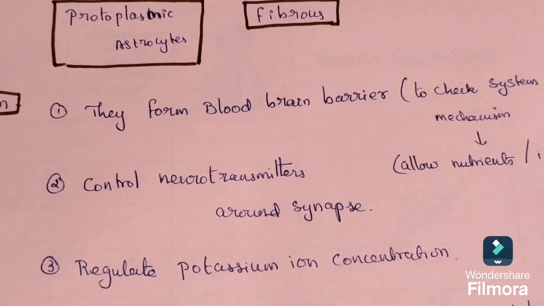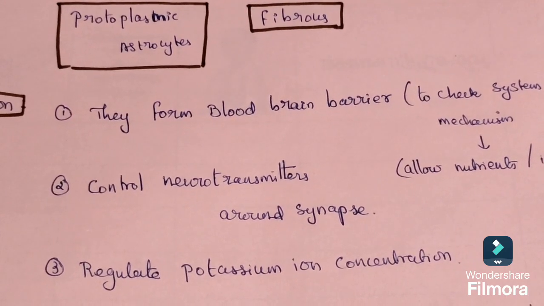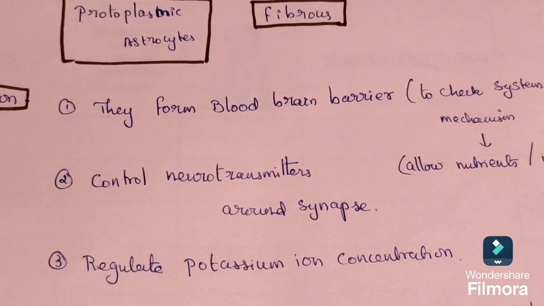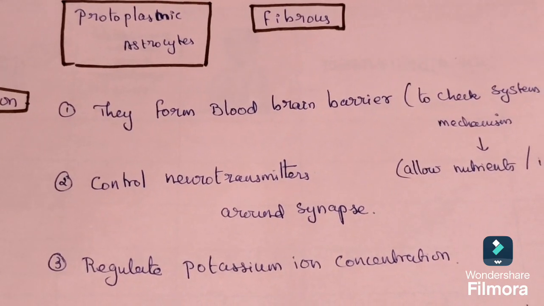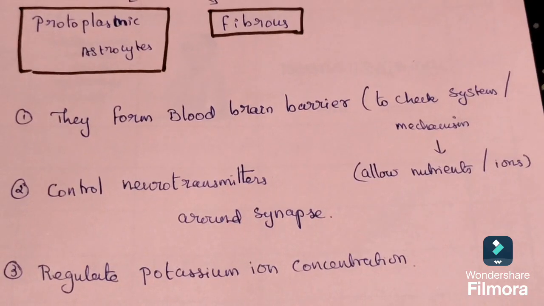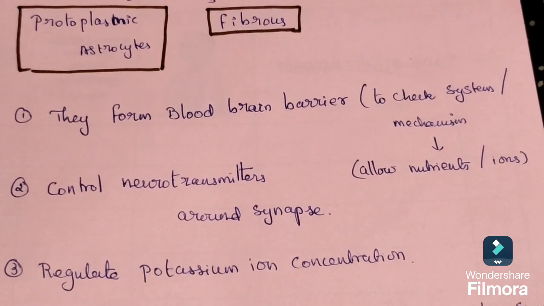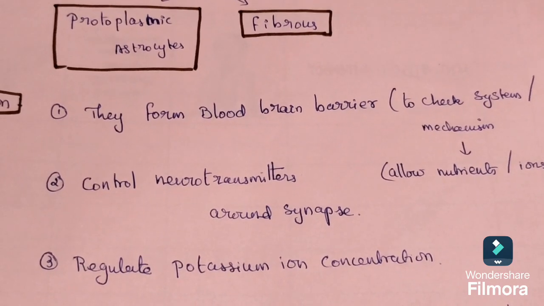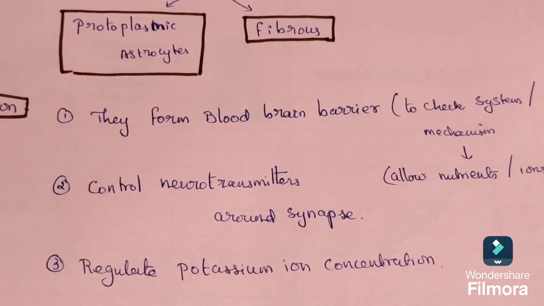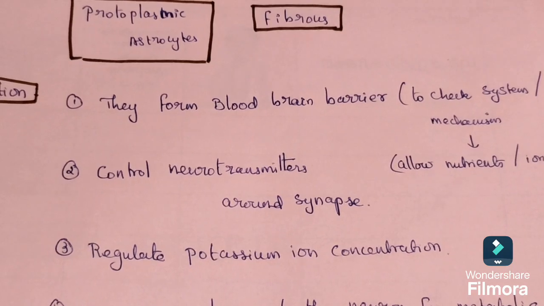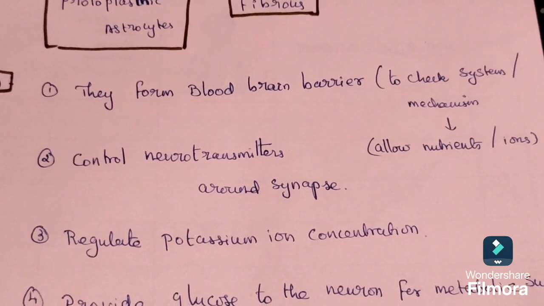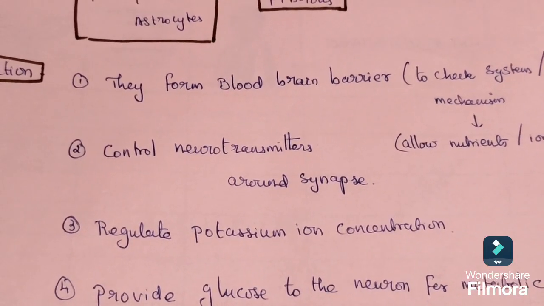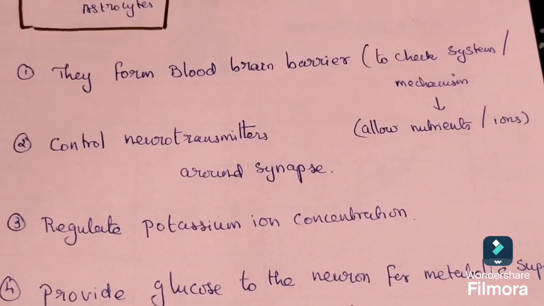Afterward they check and allow them. So they form a barrier system between the blood and brain, a check mechanism, so that ions, nutrients and other things can be regulated, because our nervous system is too sensitive. Astrocytes form the blood-brain barrier.